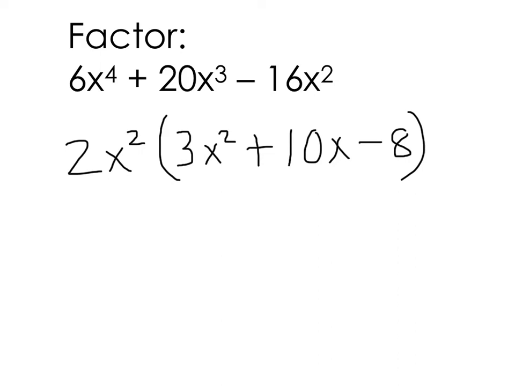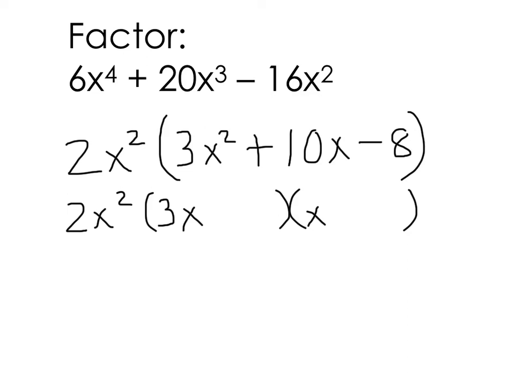I think that's correct. So now we want to set up our set of parentheses so that we have 3x squared plus 10x minus 8. 3x and x makes sense. What are the signs going to be?